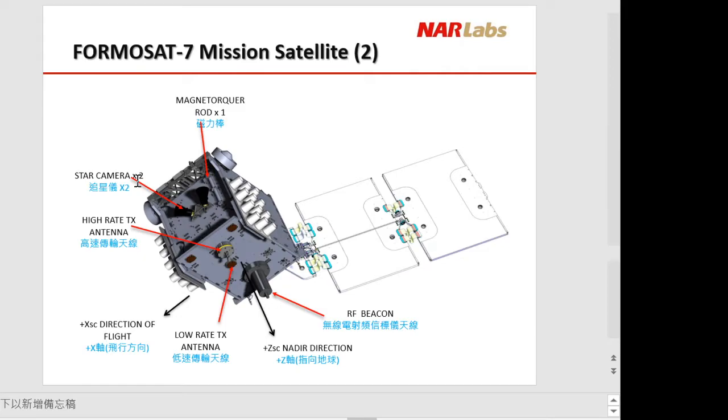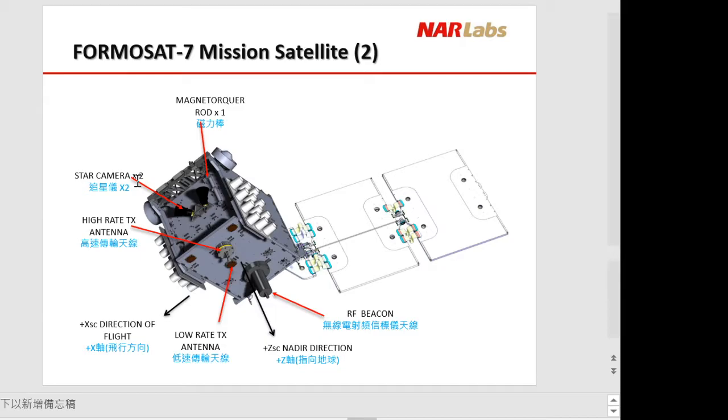And in this slide, you can see the panel we call NARLabs direction, which points to the Earth. So that's the bottom panel of the satellite. And you can see the beacon antenna, and you can see the transmitter antenna.